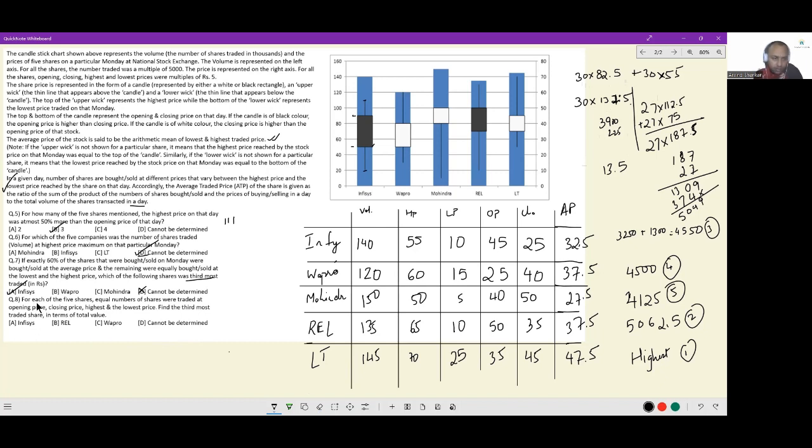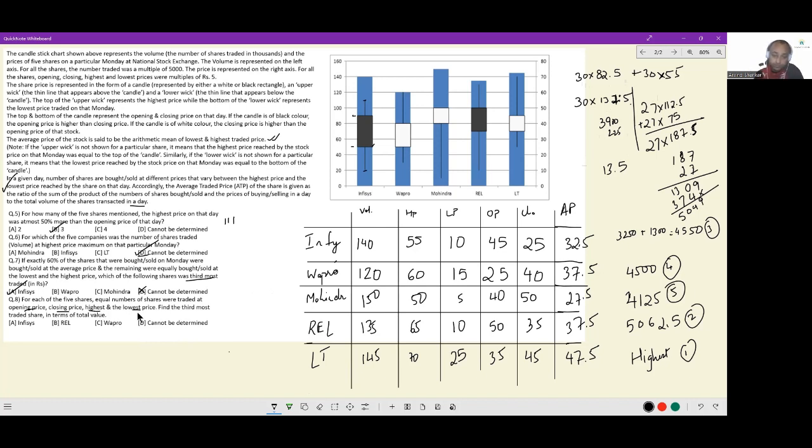Okay. For each of the 5 shares, equal number of shares were traded at opening price, closing price, highest and lowest price. Find the third most traded share in terms of total value. Equal number of shares are traded 1, 2, 3, and 4.